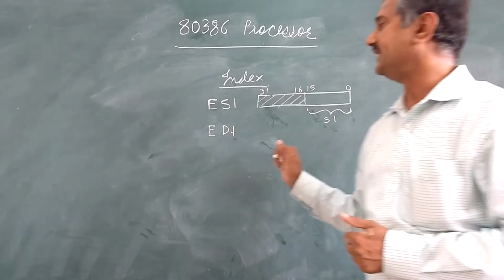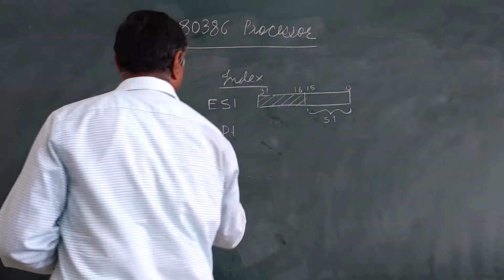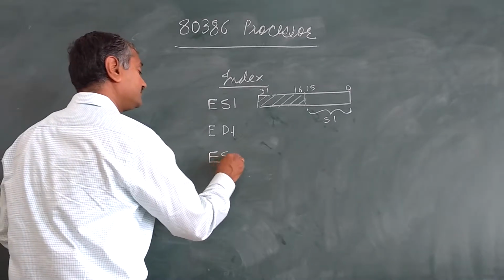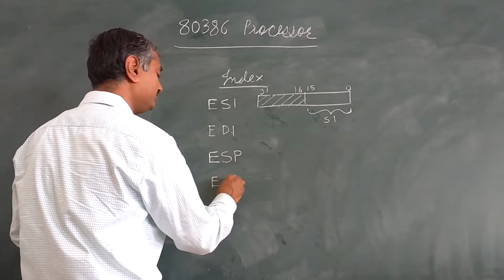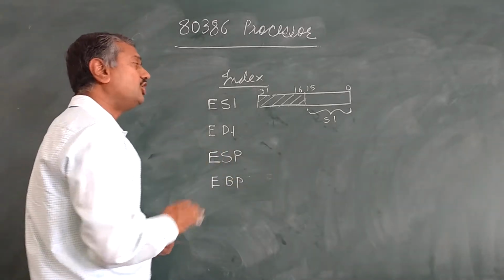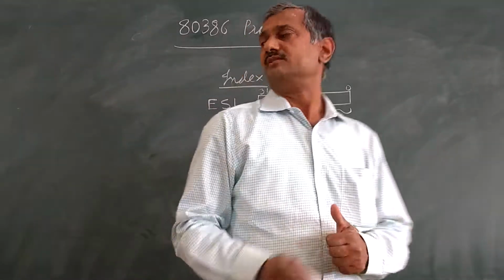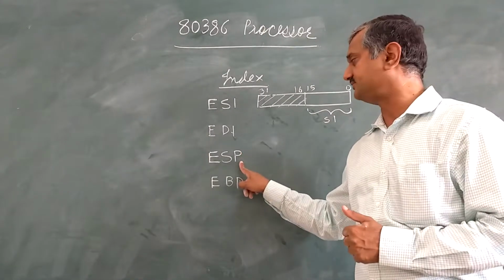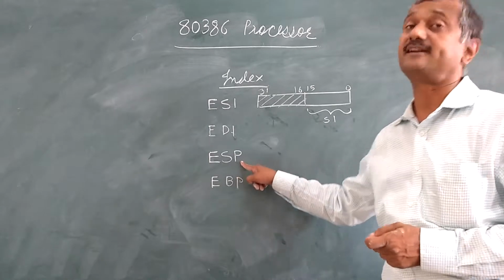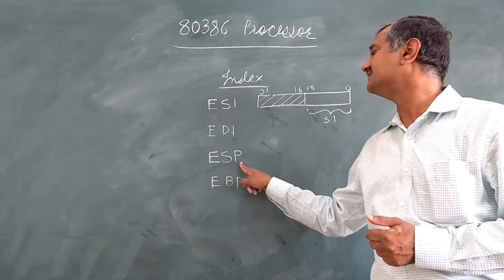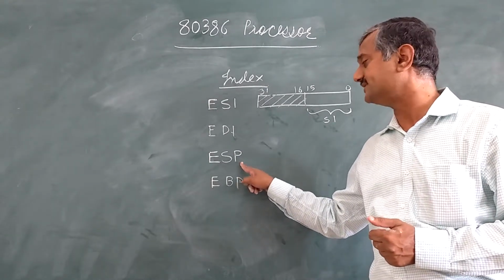Now, besides that, we have the extended stack pointer register and the extended base pointer register. These are all 32-bit. Stack pointer, as the name suggests, is the register responsible for maintaining the stack. So for stack manipulation, this stack pointer register is always used by the system.